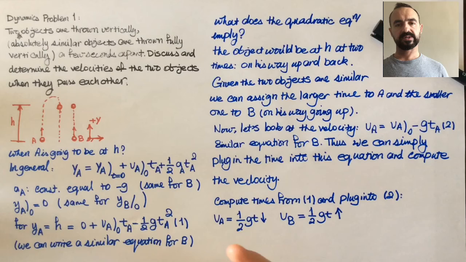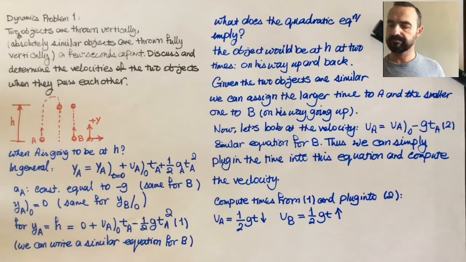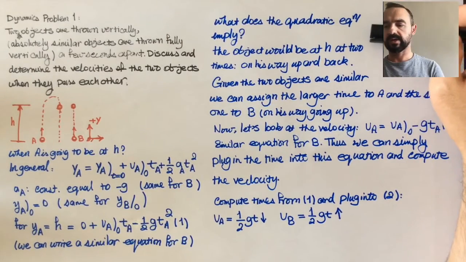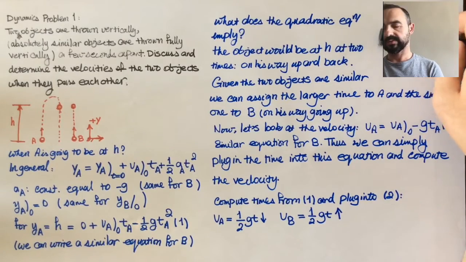As we develop this equation, you know that object B is exactly like object A. So every equation we write for object A is the same as for object B. So object A is at height h at two times, on its way up and on its way back.